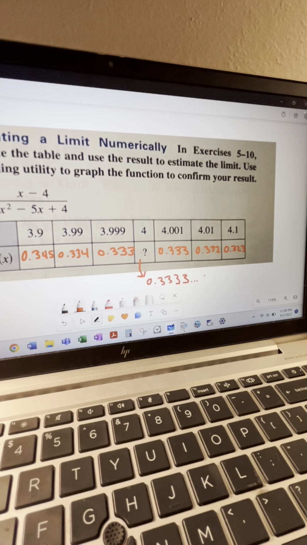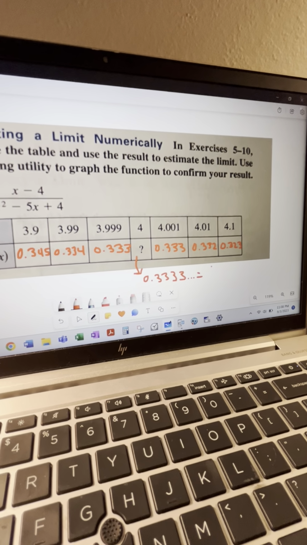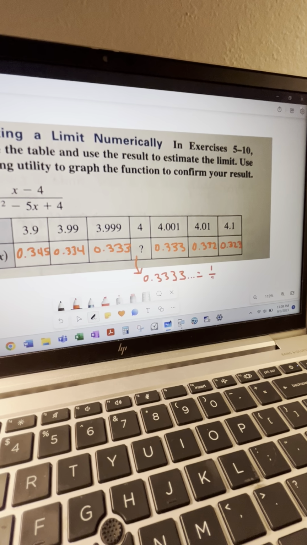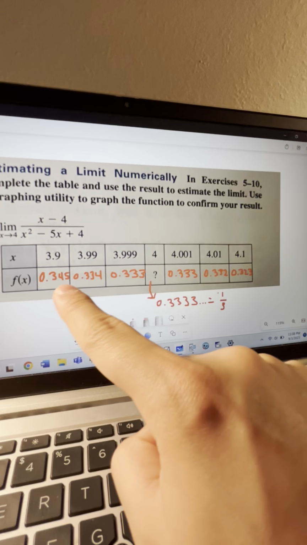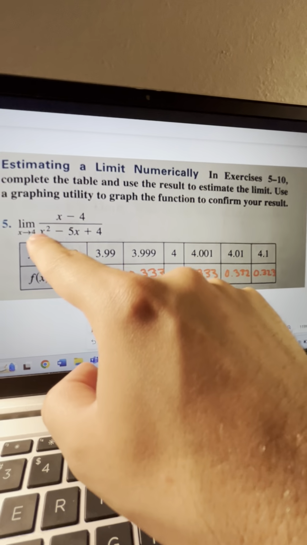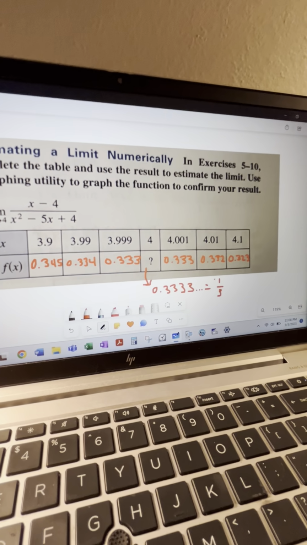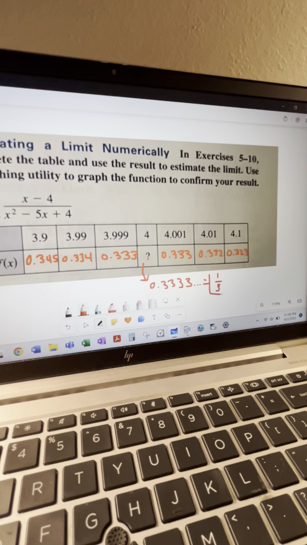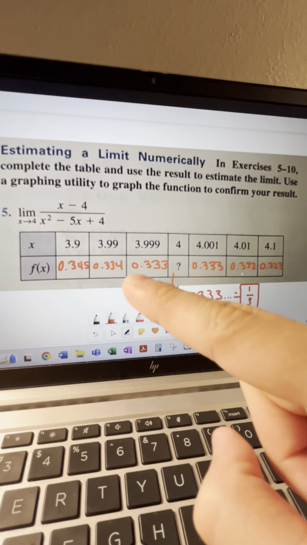And another way to represent this decimal is just 1/3. So just based on this table, we can estimate that the limit as x approaches 4 of this function should be 1/3. And this should be the answer to this question.